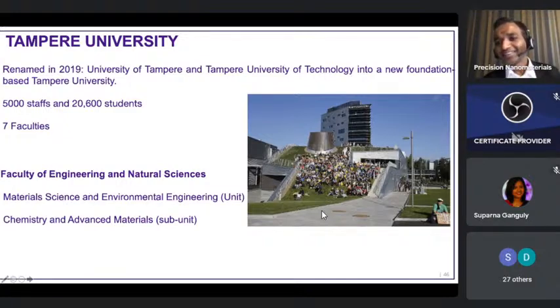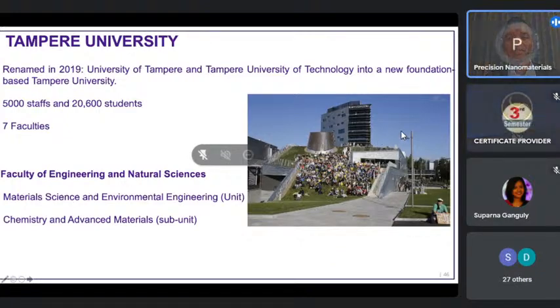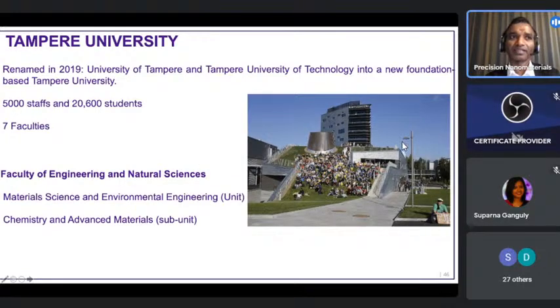The second question is from Shudeep Mandal. What is the difference between a superlattice and a normal lattice? Yes, a superlattice has two or more components. In this case, what I have shown is a virus and nanoparticles, but they have a very well defined lattice structure, and this lattice is coming from higher order.